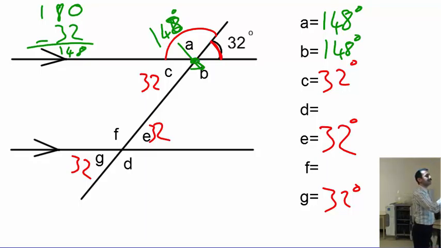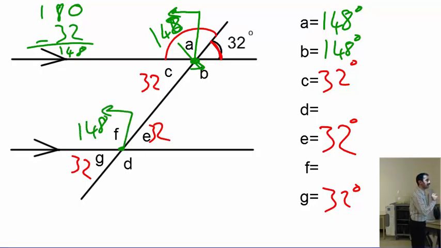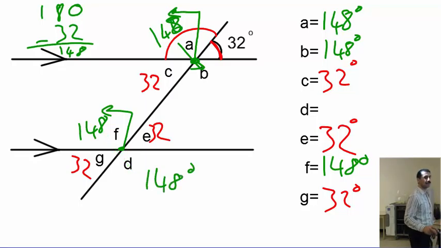And from the center, A is at top left, so top left, F is supposed to be 148 as well. That means cross line D is supposed to be 148 degrees as well.